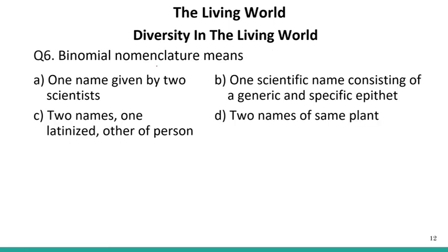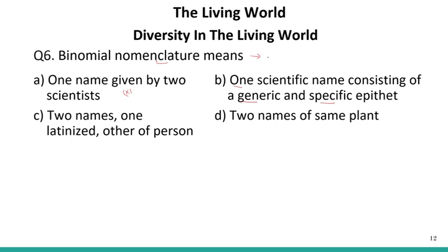The next question is, binomial nomenclature means. Option A is one name given by two scientists, not correct. Option B is one scientific name consisting of a generic and a specific epithet. Binomial nomenclature, also known as biological nomenclature, was given by Carolus Linnaeus.